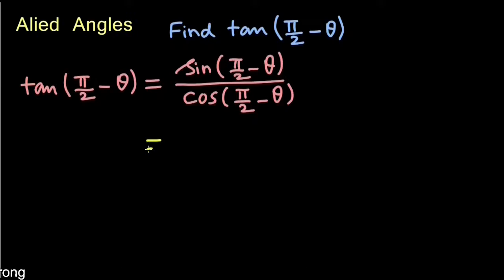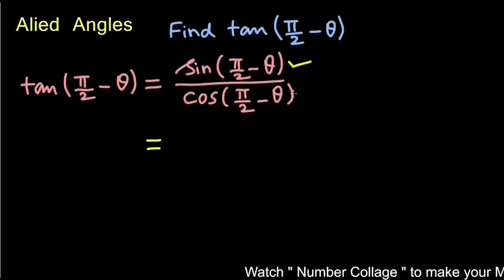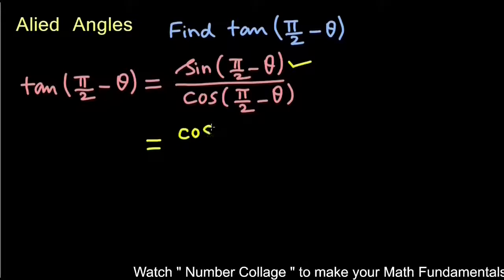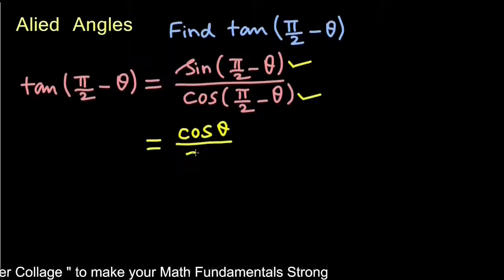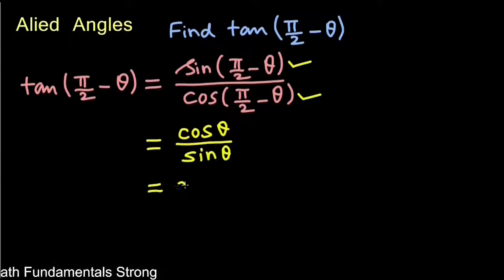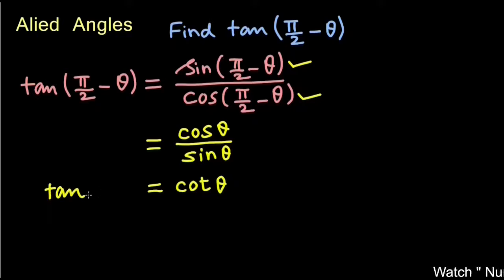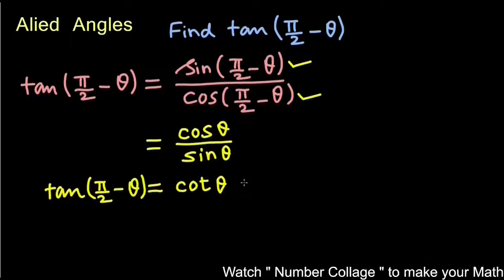We have just found out sin pi by 2 minus theta is cos theta and cos pi by 2 minus theta as sin theta. So that will be cot theta. So tan of pi by 2 minus theta is cot theta.